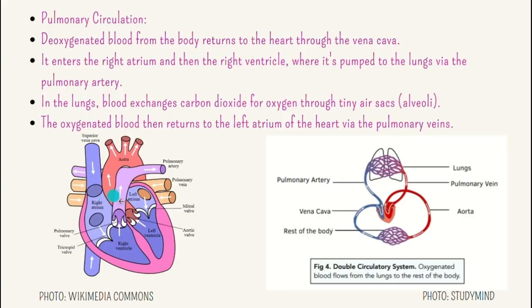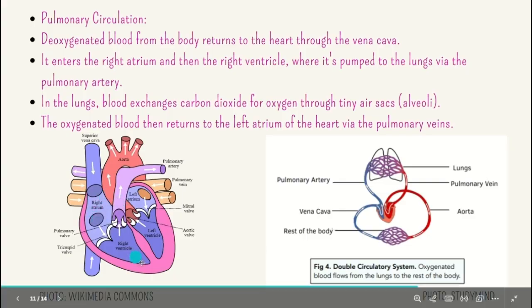It's going to the right atrium, then to the right ventricle. This tricuspid valve is just what prevents the backflow of blood. It prevents blood from going the wrong way. We don't want the blood going back out through the vena cava. We want it going in one direction, right?